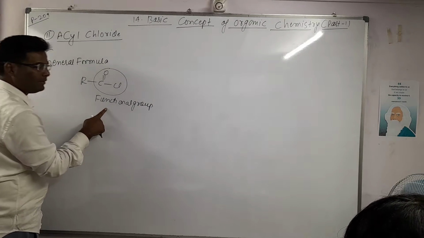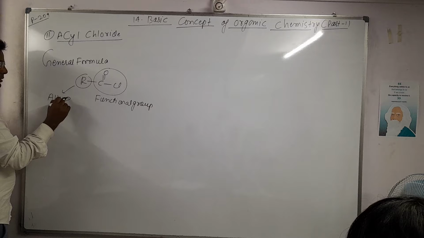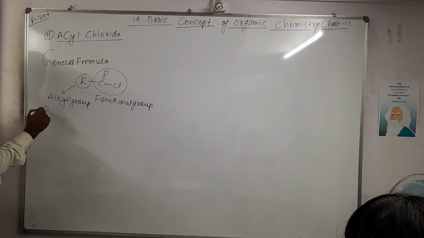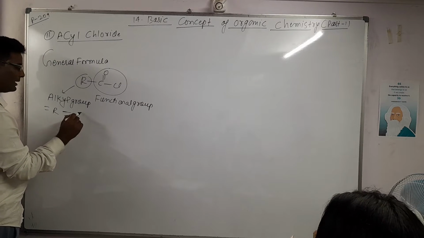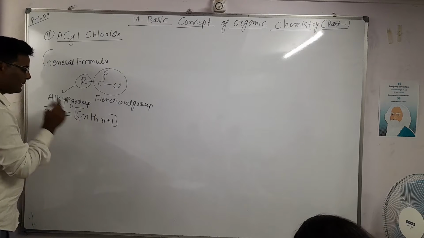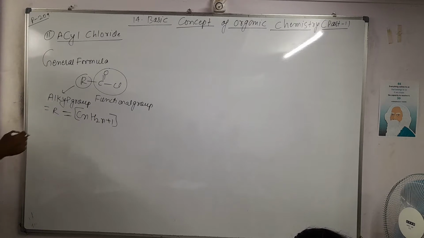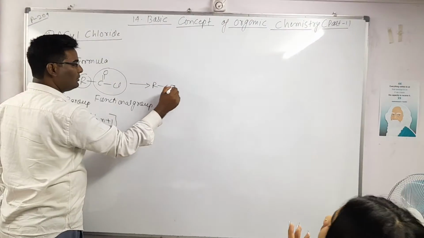R is the alkyl group. It is represented by R. So we know the general formula now for R. It is CnH2n+1. Right. So it can be written in condensed form also, like RCOCl.